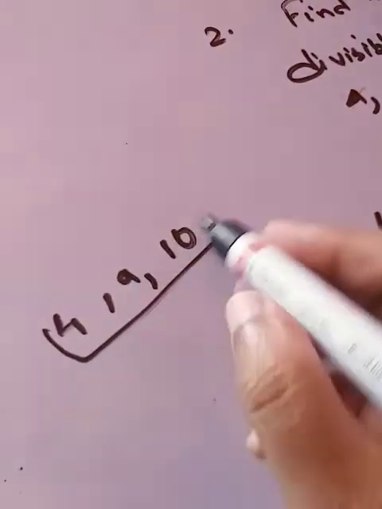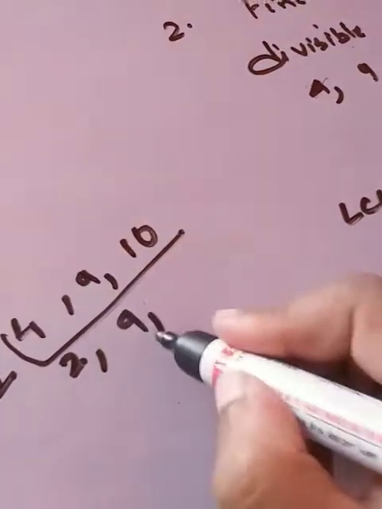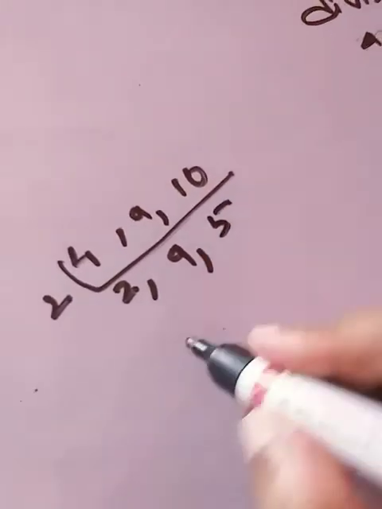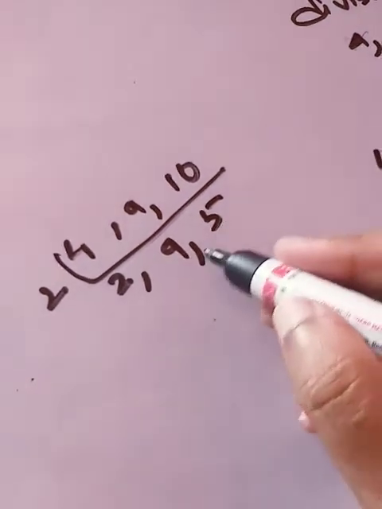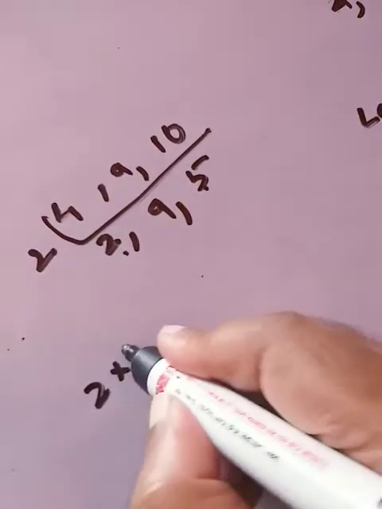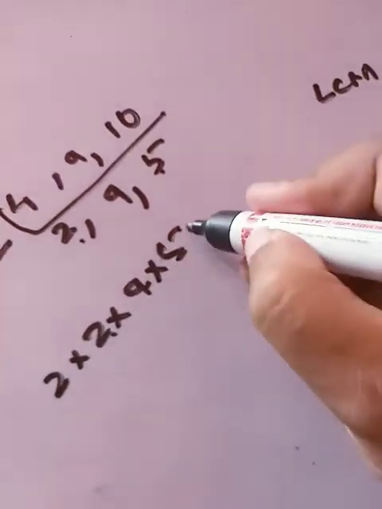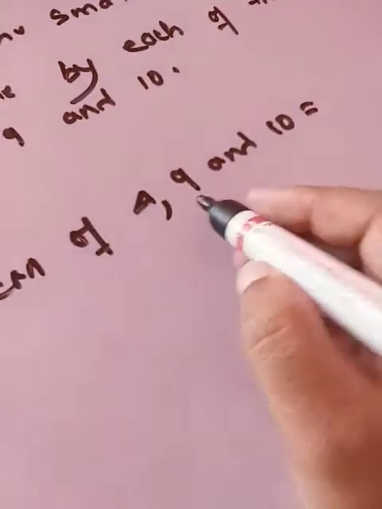Two numbers are divisible by 2: 2 2s are 4, 9 is not divisible by 2, so we'll just keep it intact, 2 5s are 10. I believe there is no such number now. This is a prime number, this is a prime number. So we'll multiply all the numbers: 2, 9 into 5. 9 2s are 18, so it is 180. So the LCM of 4, 9, 10 is 180.